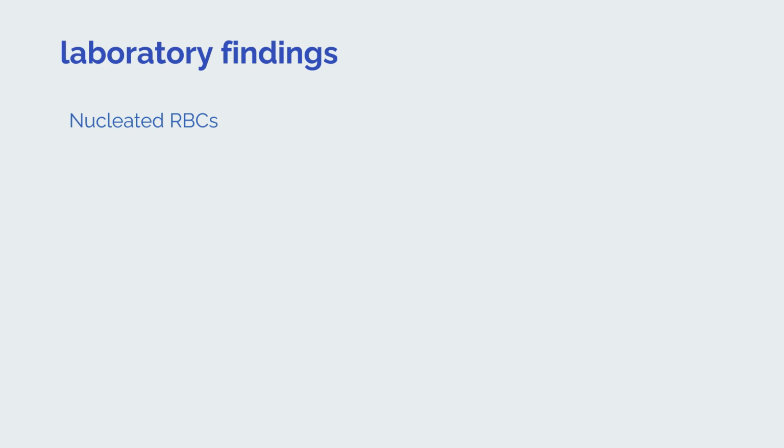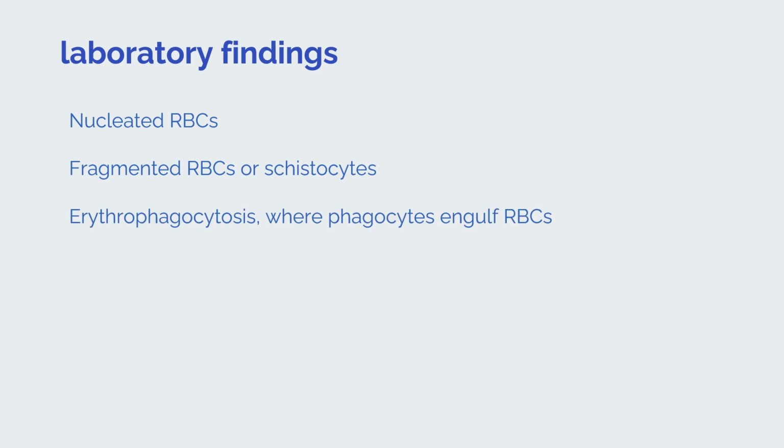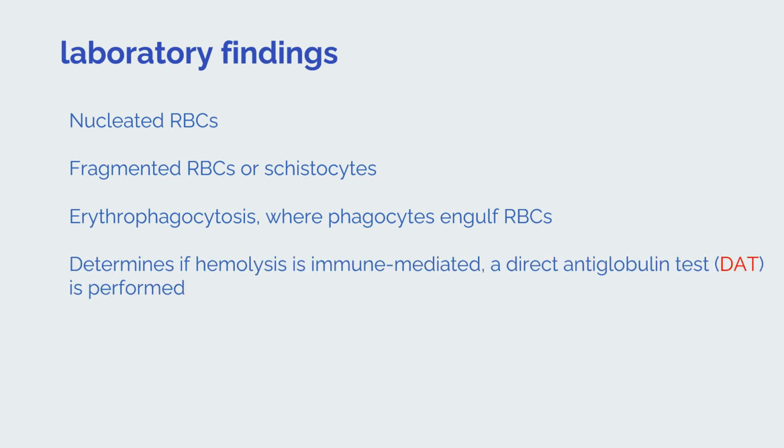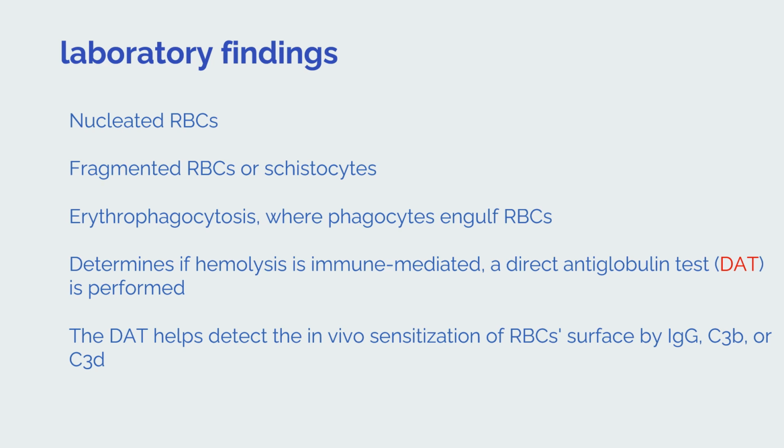Other noteworthy observations may include nucleated RBCs, fragmented RBCs or schistocytes, and the phenomenon of erythrophagocytosis, where phagocytes engulf RBCs. To determine if the hemolysis is immune-mediated, a direct antiglobulin test, DAT, is performed. The DAT helps detect the in vivo sensitization of the RBC surface by IgG, C3b, or C3d.